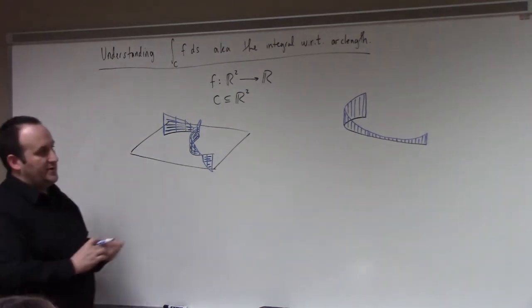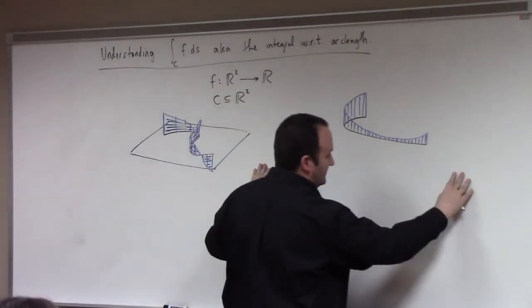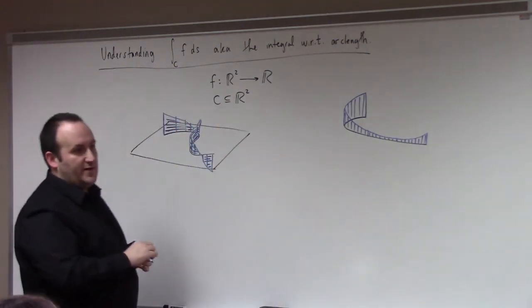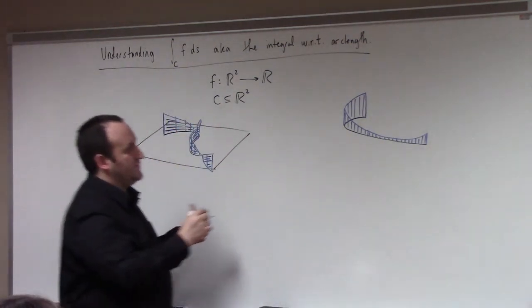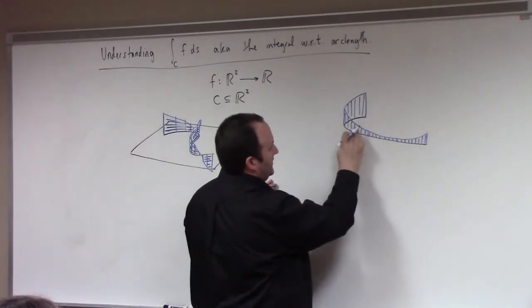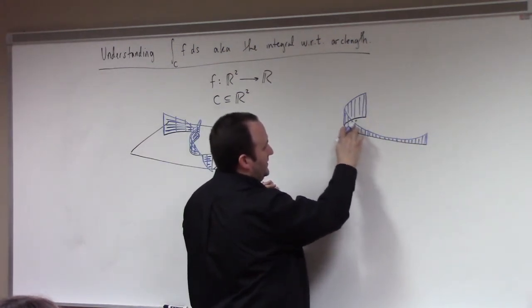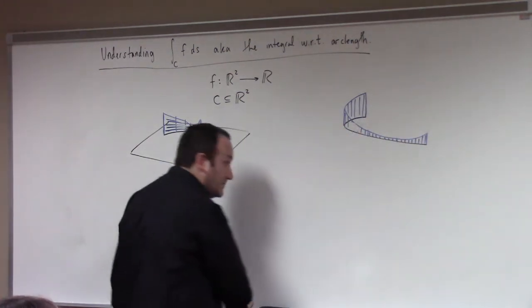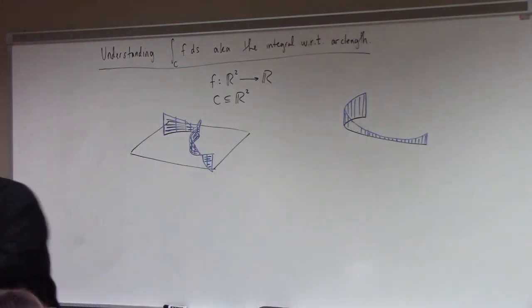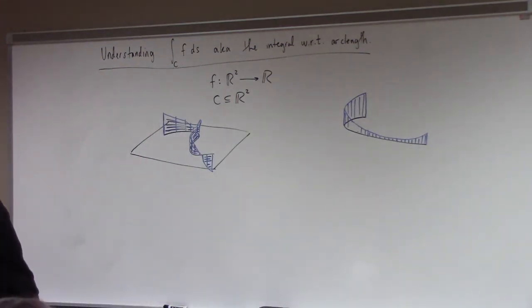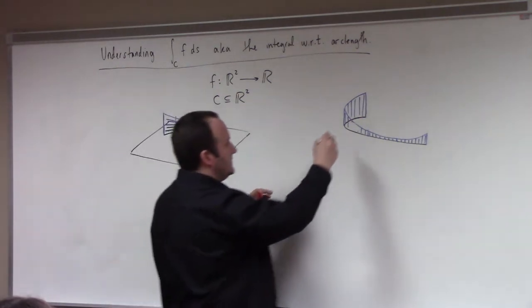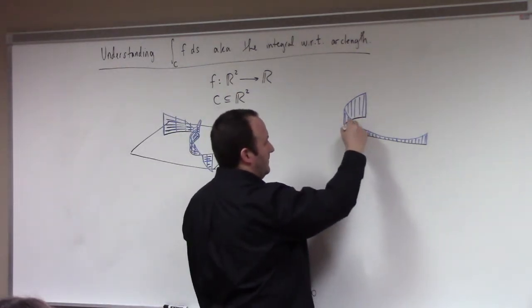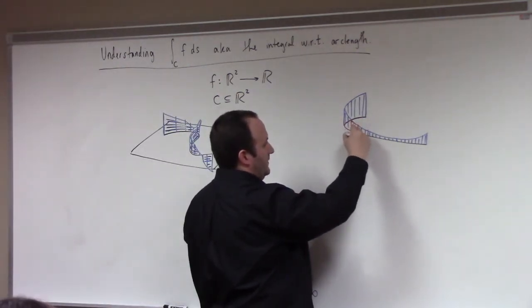Well, what you could think about is just laying it flat, and you could chop it up into little pieces. Let's pick on a particular little bit, and I'll try to draw it in some other color. Something like, say, this piece right here.